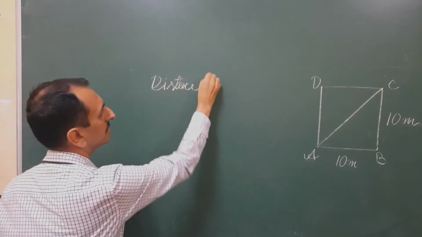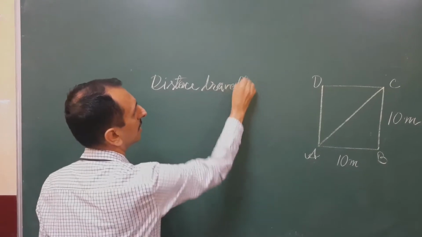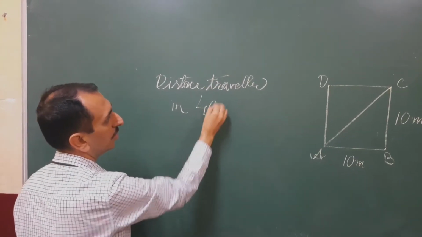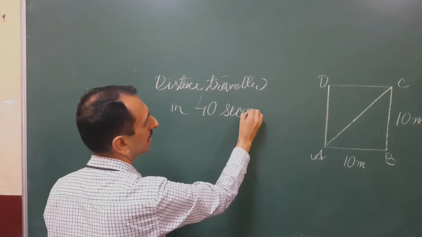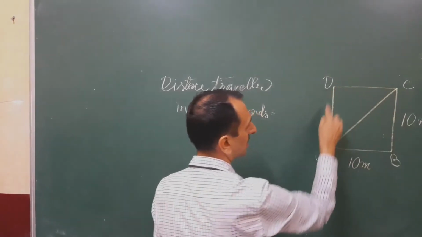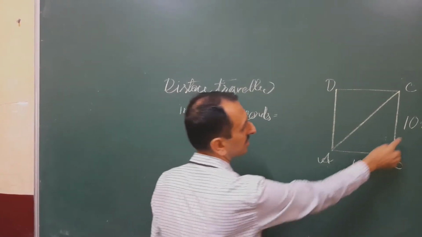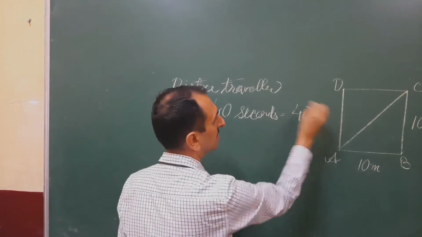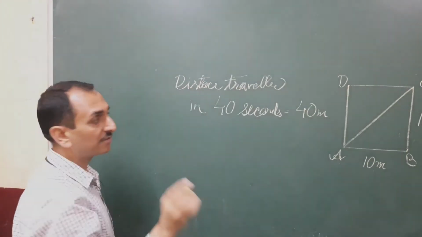Distance travelled in 40 seconds. In 40 seconds, how much distance does it cover? 10 meters, 10 meters, 10 meters, 10 meters, that is 40 meters. So total time is 140 seconds.